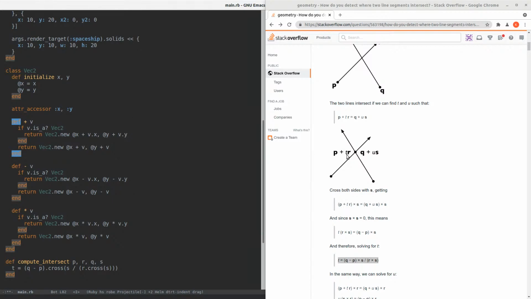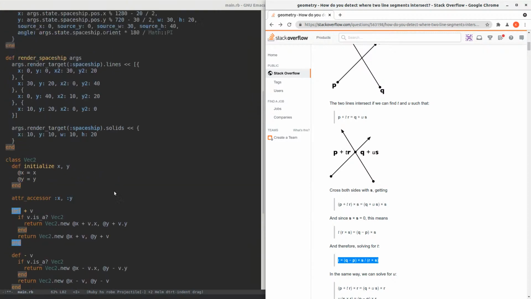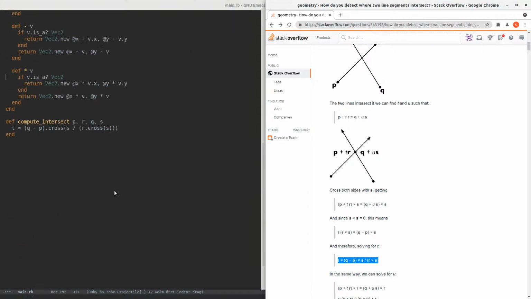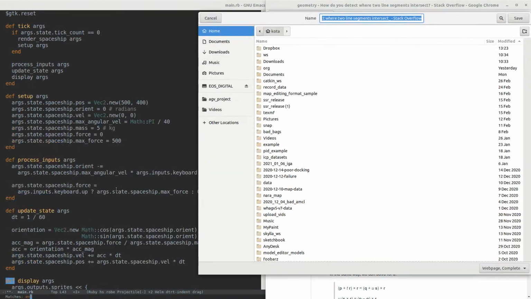Okay, yeah. So what T does is it scales this line here. So why don't we actually visualize it? Since we have DragonRuby, it should be pretty easy to visualize.